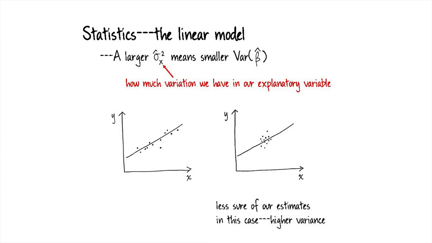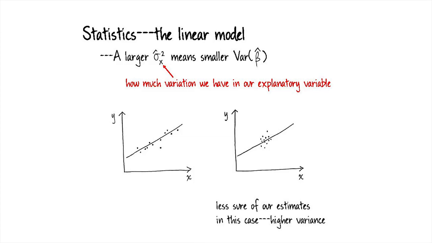How about if we have the same data sets, but in this case, the x's on the left are very spread out. We have a lot of variation in the x's. And in the other case, the x's are all smushed together into one little area. Well, in the case where they're all smushed together, remember in the limit, we can't even estimate our linear regression coefficients, right?